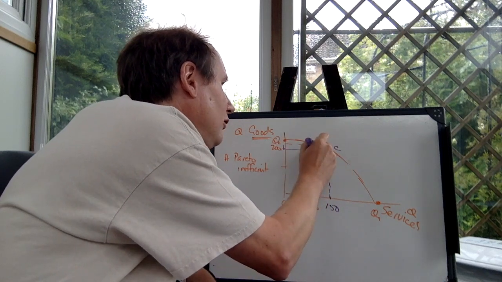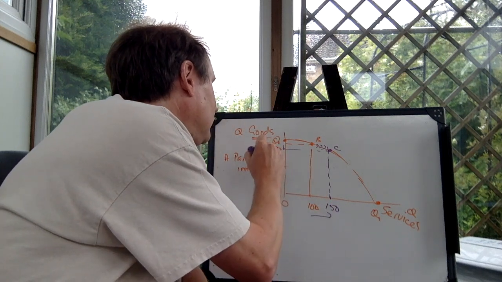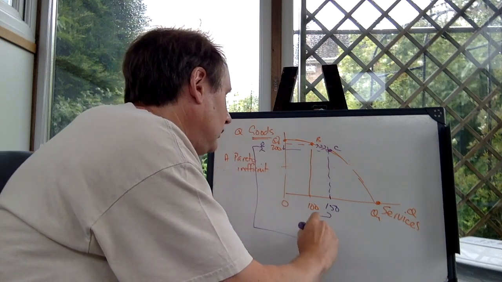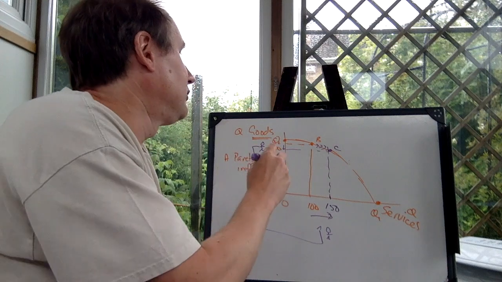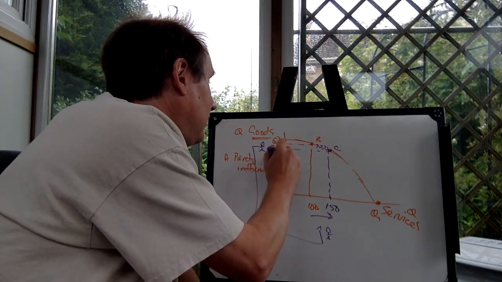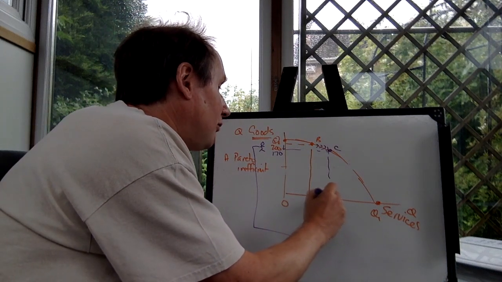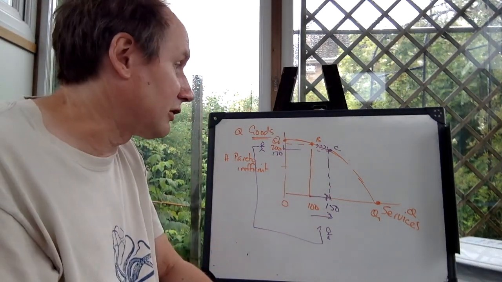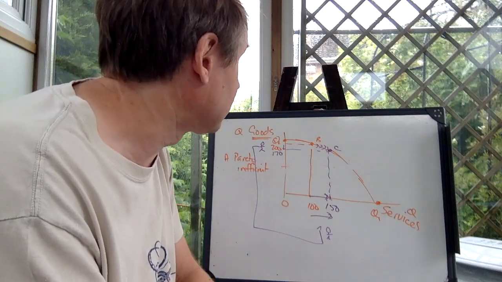So we can move from B to C. We can take workers out of goods, and we can put them into services. But there's been an opportunity cost, because now instead of having 200 goods, we've only got, say, 170. So the opportunity cost of producing 50 more services is having 30 fewer goods.